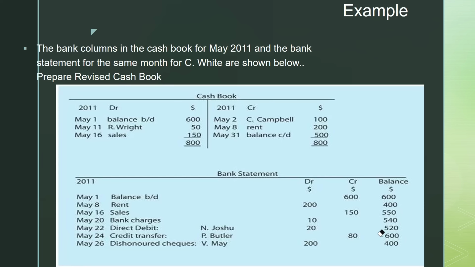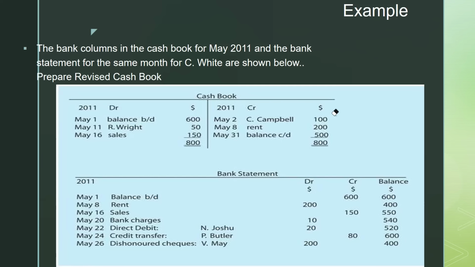No. So to get our unpresented checks, we're looking for something that's on the credit side of the cash book, but not in the bank statement. Anybody can find it? Campbell. C. Campbell. Correct. So C. Campbell would be our unpresented check.